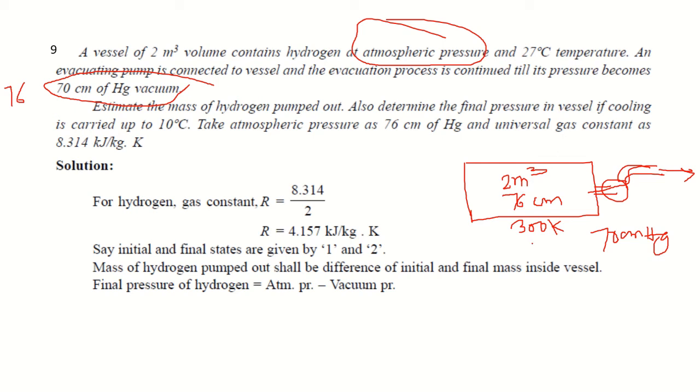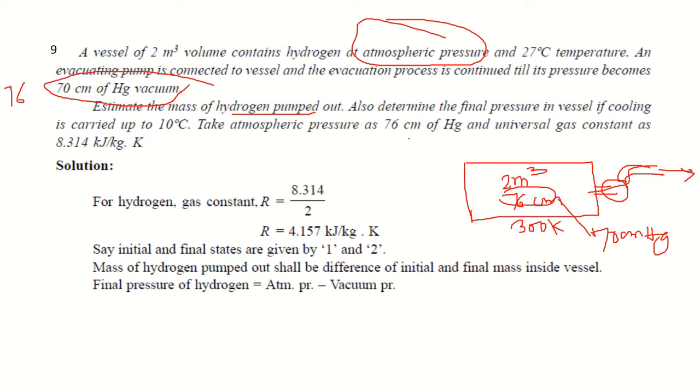If I reduce the pressure from here to here, keeping the volume same, then determine the mass of hydrogen pumped out. Also determine the final pressure in the vessel if cooling is carried out up to 10 degrees Celsius. How to find out?